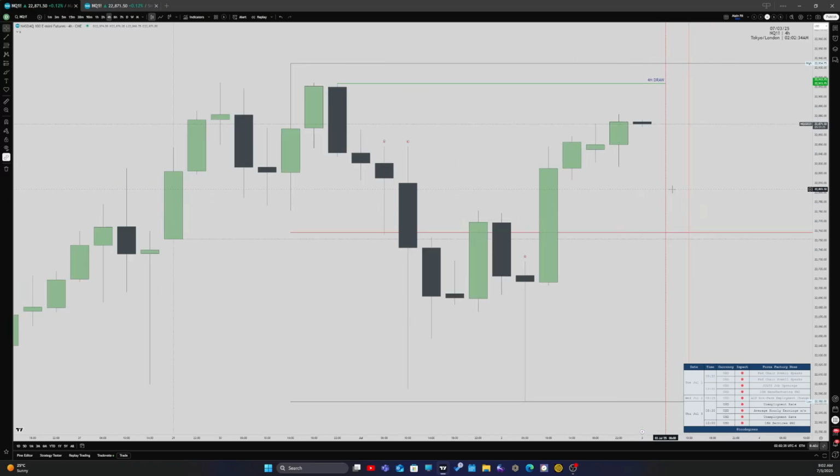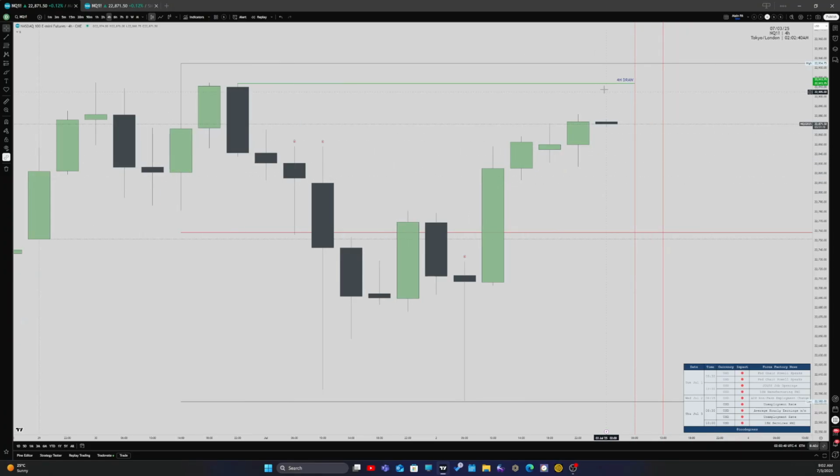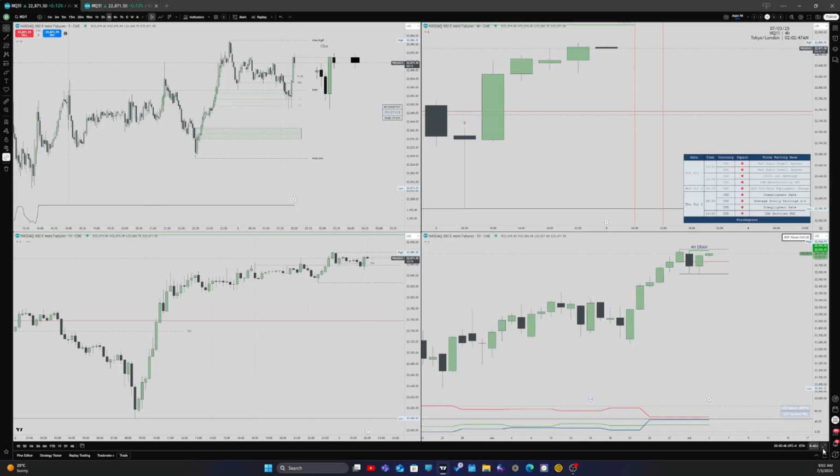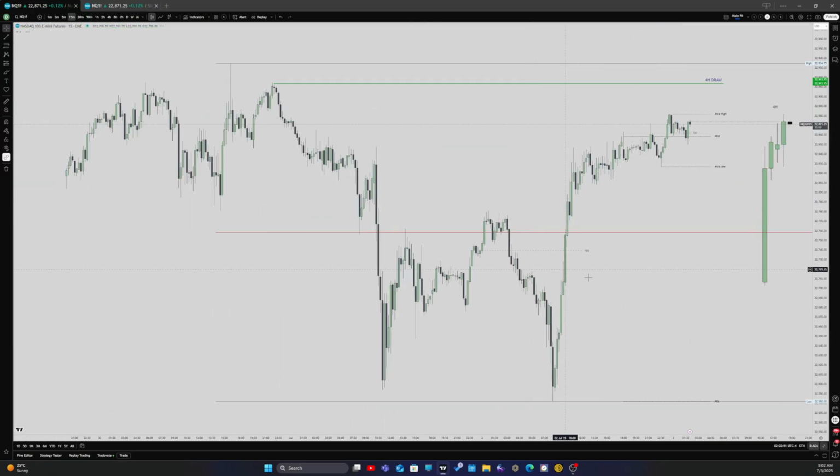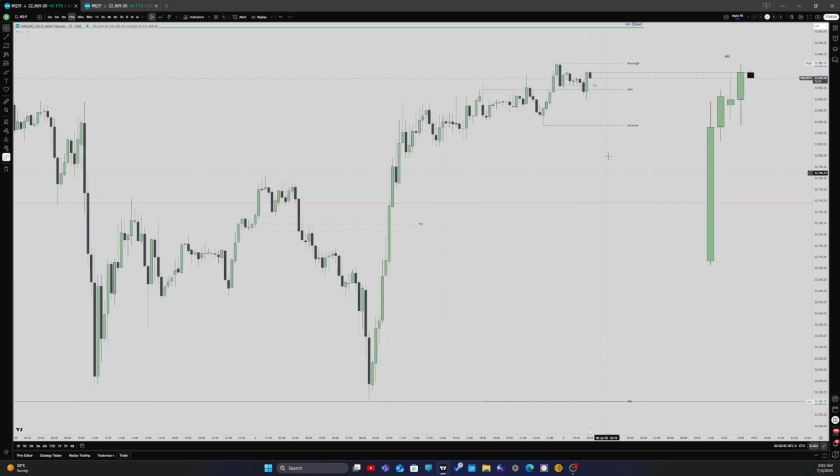Now, if I go to the 15-minute chart, the situation might be a bit different. We have the Asia range, which is not extensive at all.